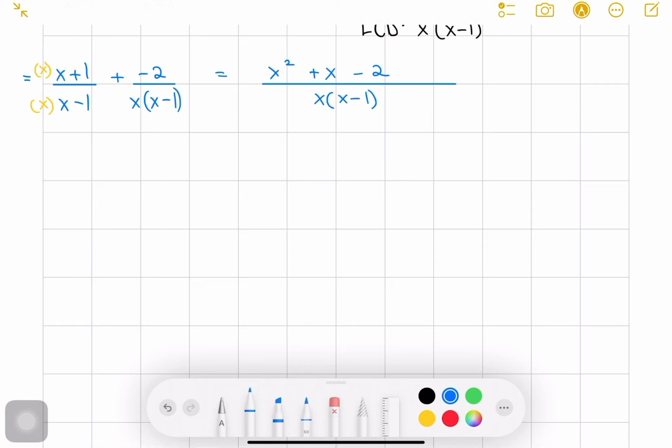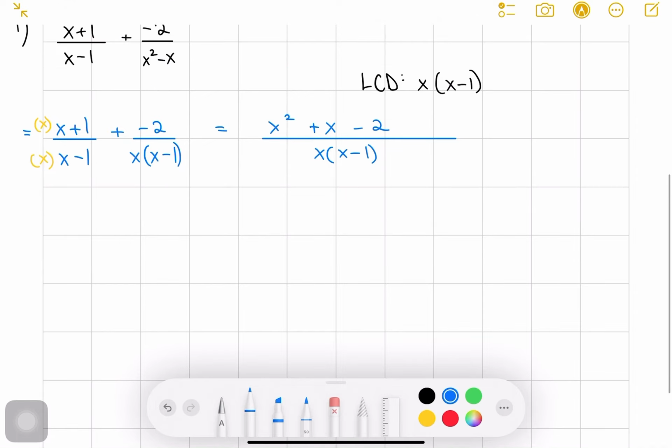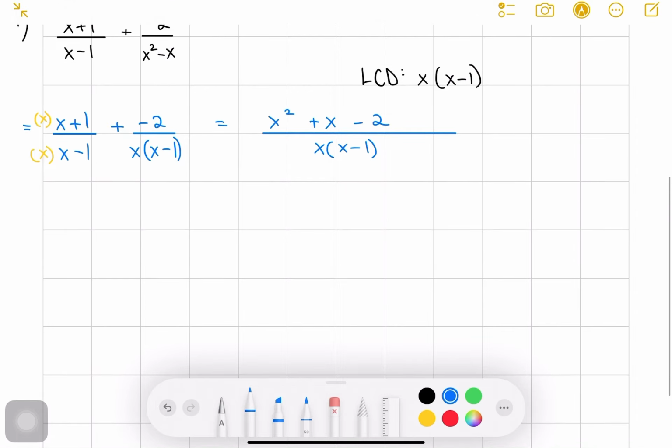So you don't really want to FOIL the denominator. You just want to leave it simple. You want to leave it factored. You want to leave it easy because you want to see if you can cancel anything out in the end. So if we want to factor this top expression over here, we can do some magic x. We can also do the quadratic formula. You can even use polysmlt on your calculators to make your life easier.